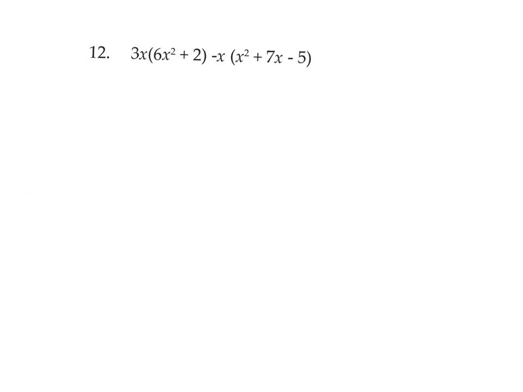And number 12. What do we have? We have 3x times this binomial, so we're going to have to distribute that 3x. Then we have a negative x times this trinomial, so we'll have to distribute that. So we got some distributing going on while we write new terms. So let's do 3x times 6x squared is 18x cubed. 3x times 2 is 6x.